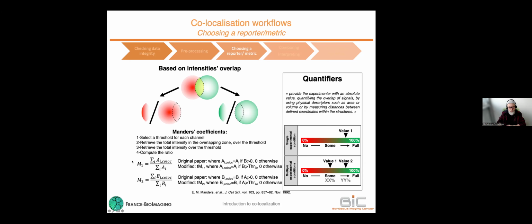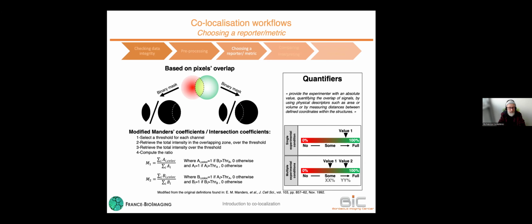This will give you M1. And you would do exactly the same for the second channel, meaning the part of the green channel engaged in this process divided by the total amount of green signal. So here you've got a percentage of signal involved in the process.